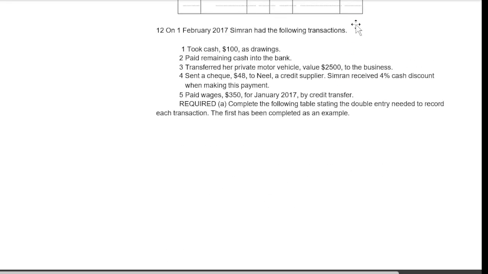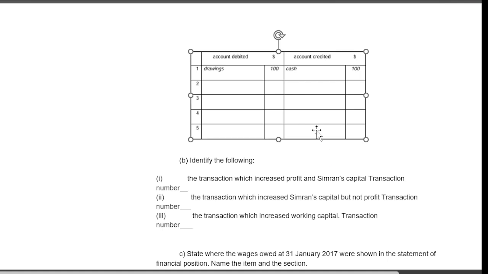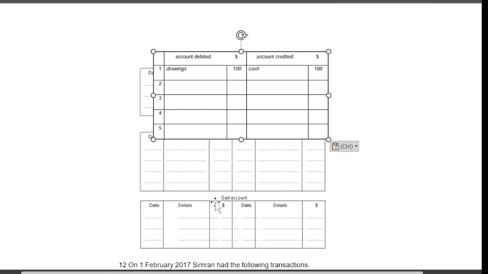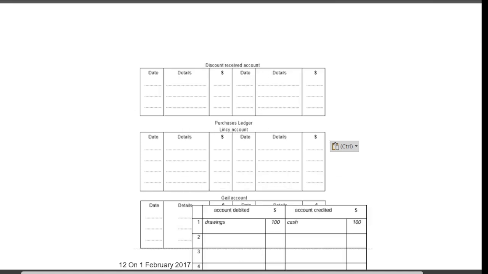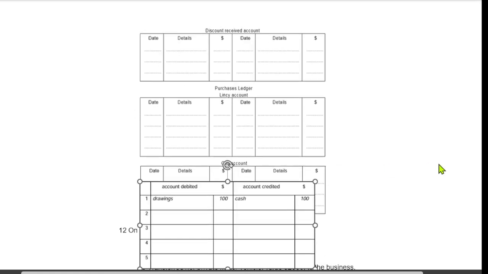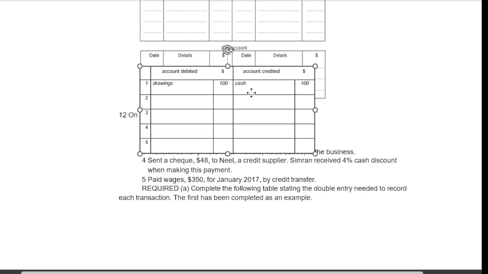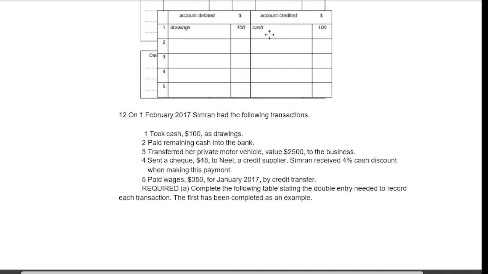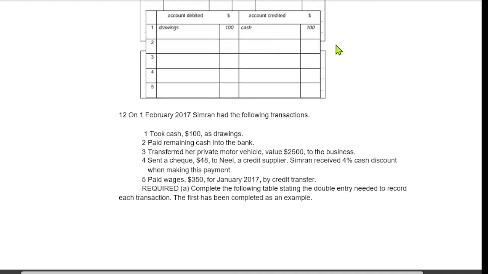Let me make this table for you here. So just focus on what you need to do.